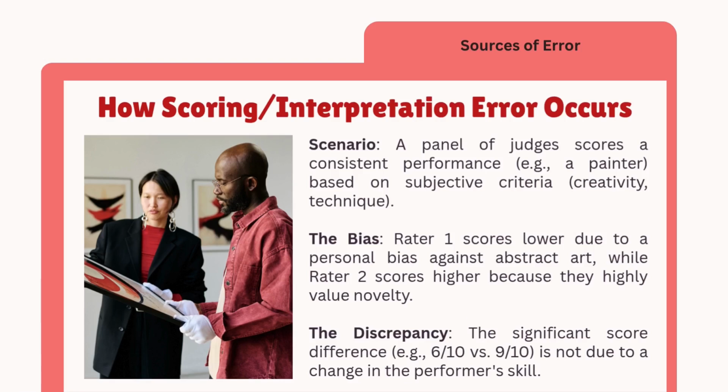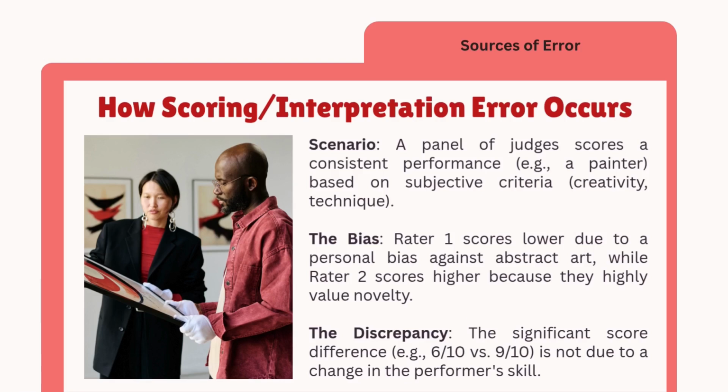And so, when the modern dancer gives a wonderful, spectacular, avant-garde performance, Rater number 1 gives the dancer a 6 out of 10. Meanwhile, Rater 2, who again values novelty and the abstract, gives the same exact dancer a 9 out of 10.